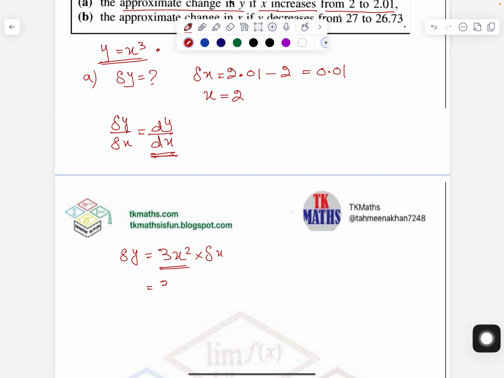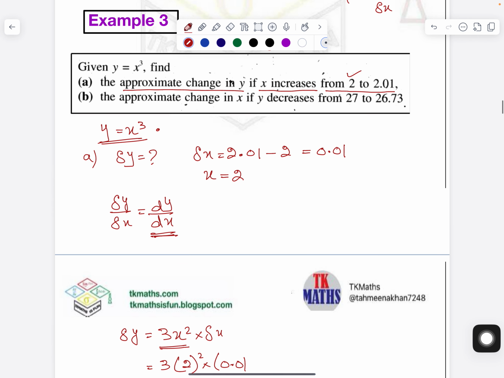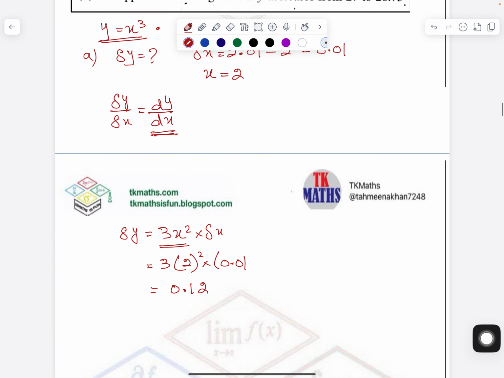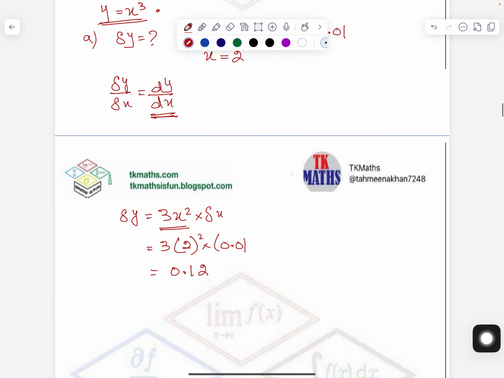The value of x is 2 and the value of delta x is 0.01. So you will get 4 3s are 12 and 12 times 0.01 is 0.12. So the answer of part A, the approximate change in y when x has increased from 2 to 2.01, is 0.12. So this is the answer you have gotten.